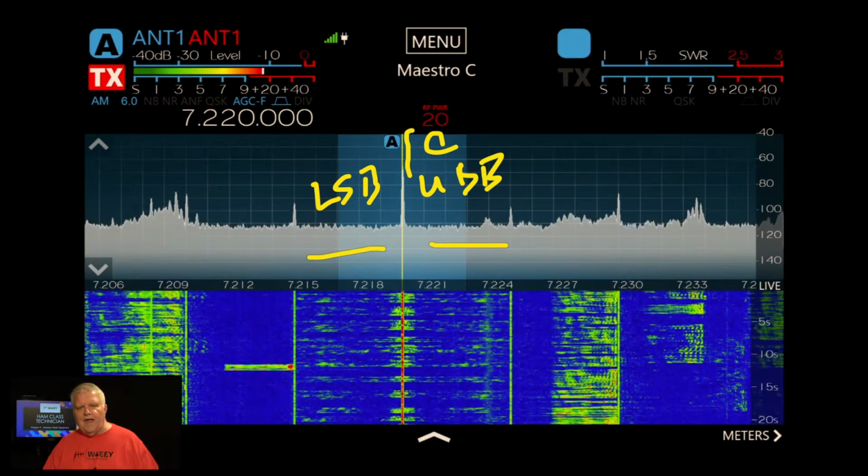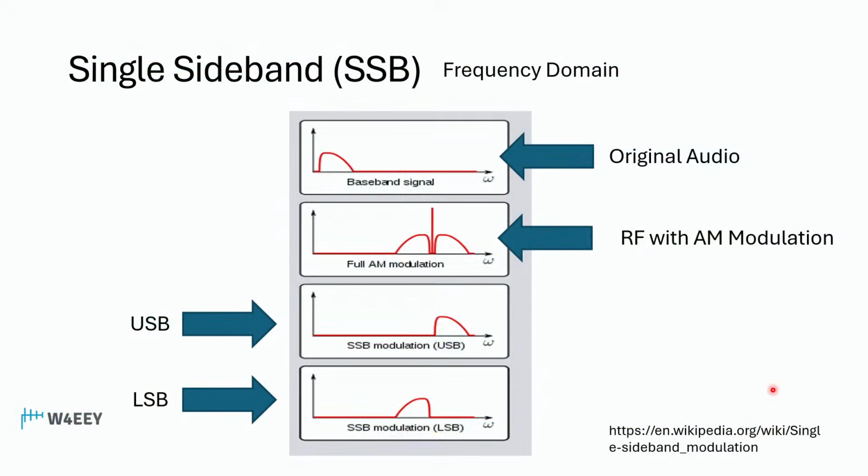And if we go back to the laptop, here's another view, kind of beating it to death here: the original audio, and then we have the amplitude modulated signal with lower sideband, carrier signal, and upper sideband. Well, what if we could eliminate two of the three components?